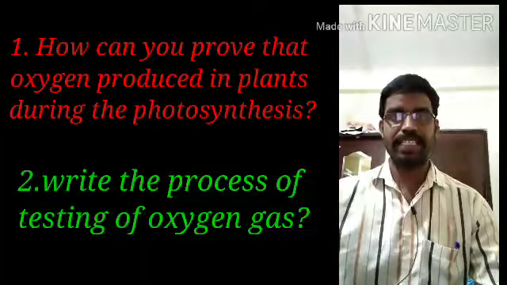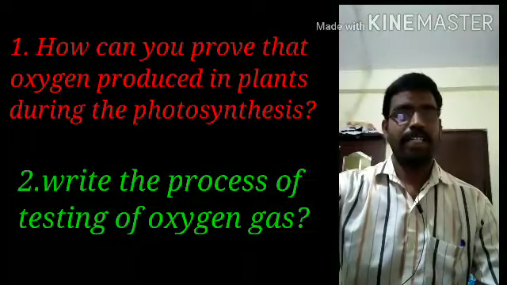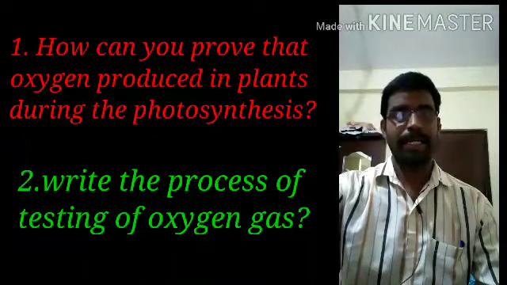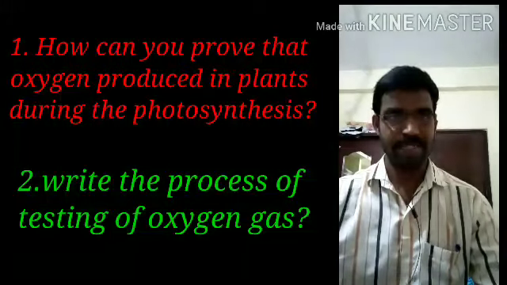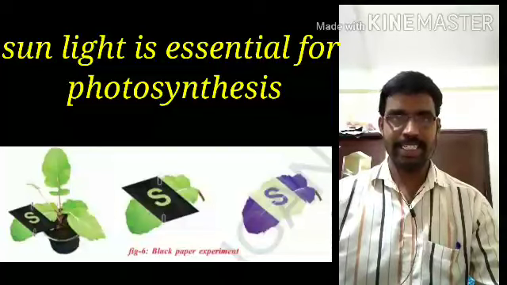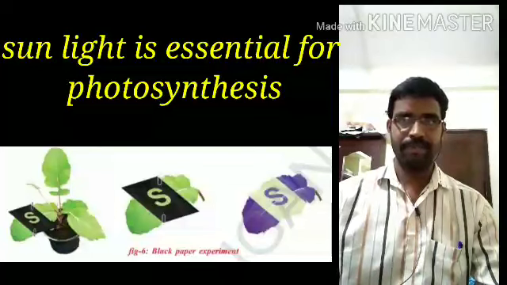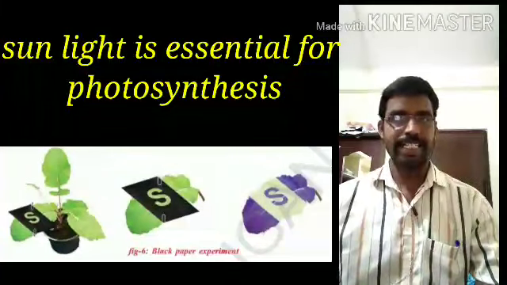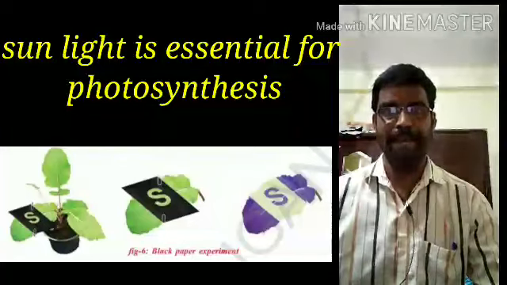And also today we discussed that there are 4 factors important for photosynthesis: carbon dioxide, water, sunlight, and chlorophyll. Sunlight is necessary to form starch in green plants.